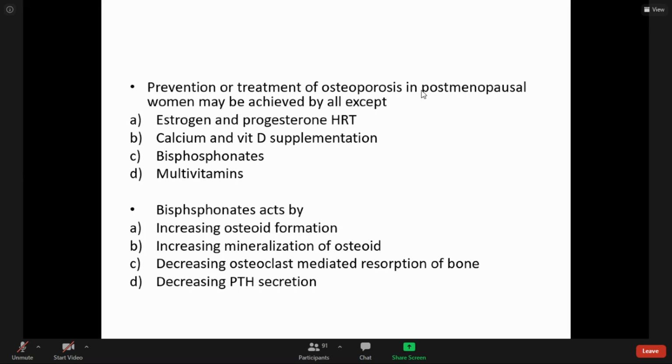So which of the following is not used for the treatment of osteoporosis in postmenopausal women? Any other answer?